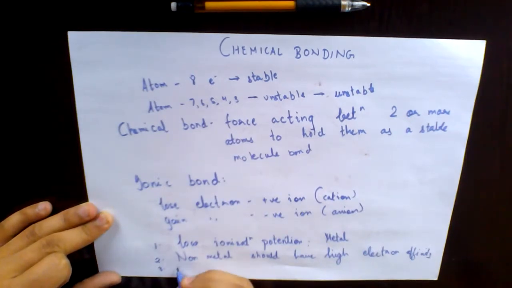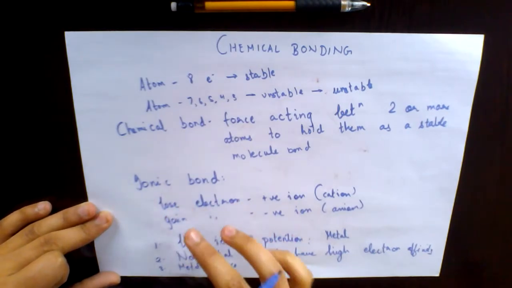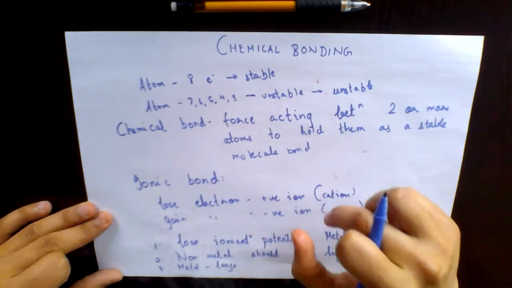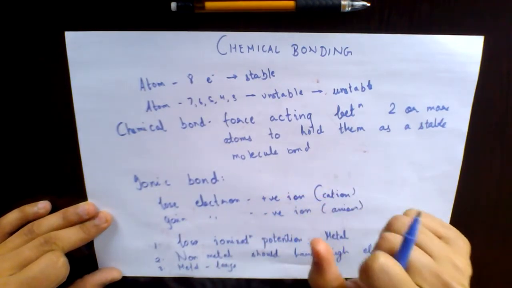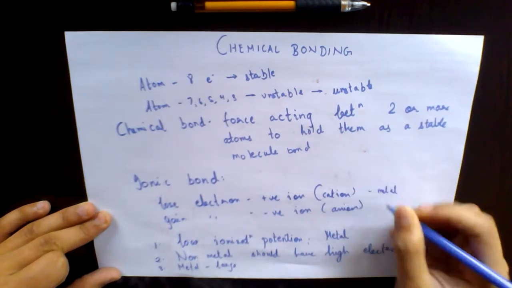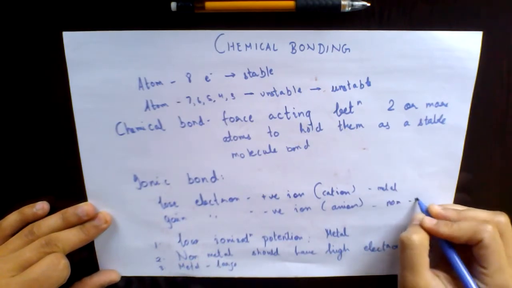Number three, metal should be large in size. Ionic bonds are formed generally between metals and non-metals. So the one which is a cation is a metal, which is electropositive, and the non-metal.